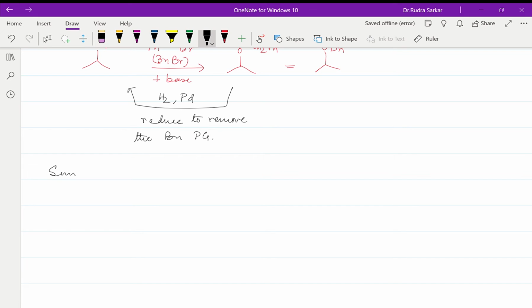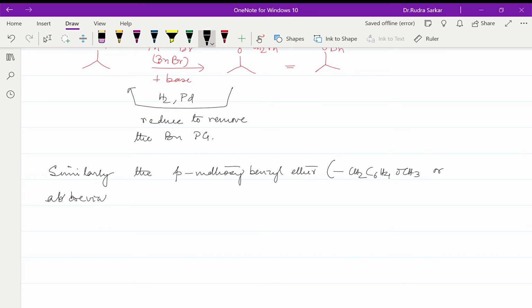Similarly, one may also use the p-methoxybenzyl ether, which can be represented as CH2C6H4OCH3, or abbreviated as PMB, or MPM when we call it methoxyphenyl methyl.